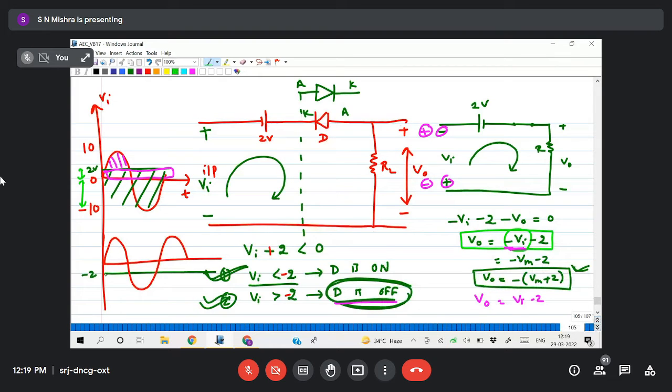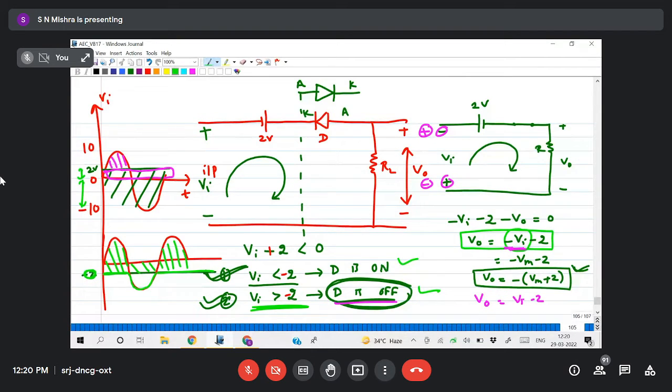So above this it will be 0. I'll get like this. This green one is the output, and from here to here it is cutting. Yes or no? You see here, above -2 diode is off means output voltage is 0. So this will be the 0 axis, and below that this is on.